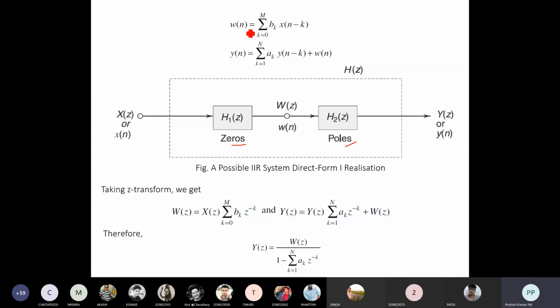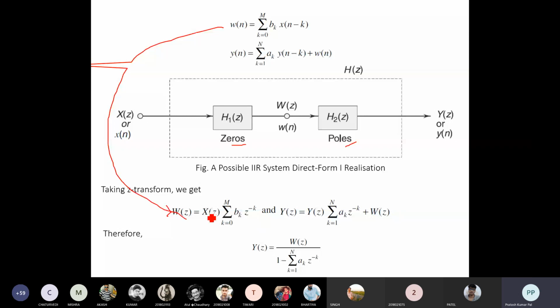And we get the value of y of z. w of n is represented by the summation k equals 0 to M of b k x of n minus k. Once we have its transfer function, the z transform will be calculated for this. Then we get w of z equals x of z times the summation k equals 0 to M of b k z to the power minus k.